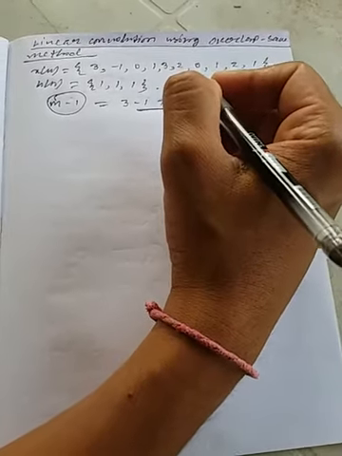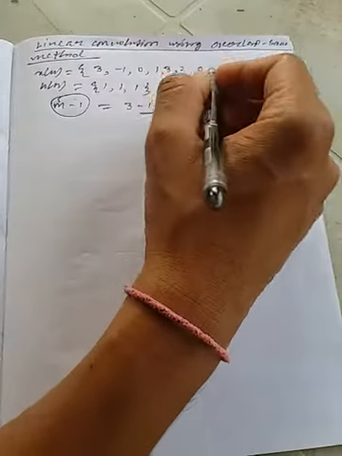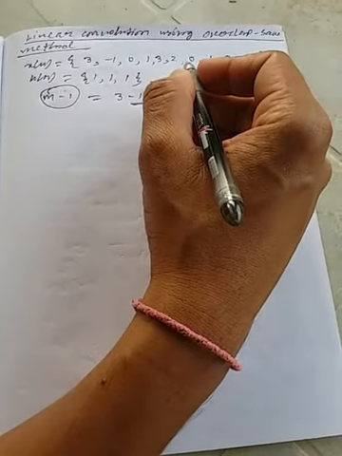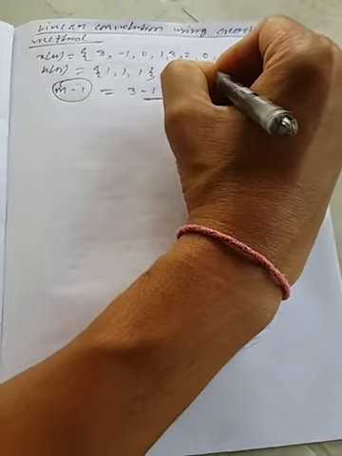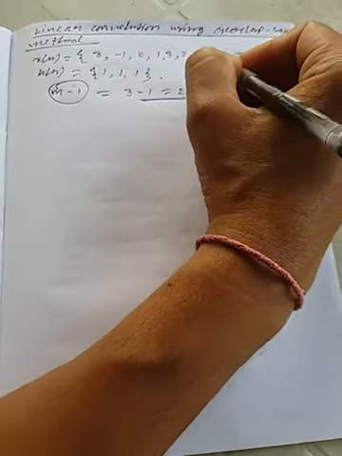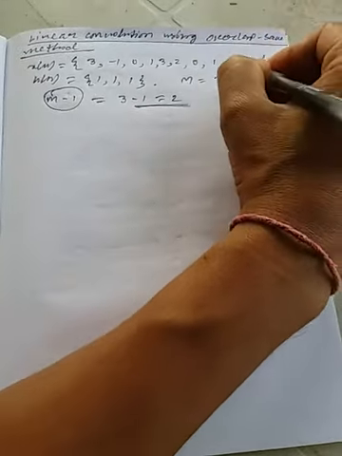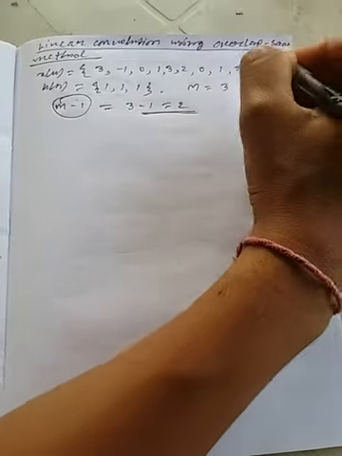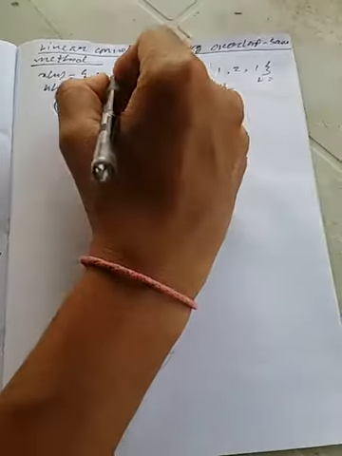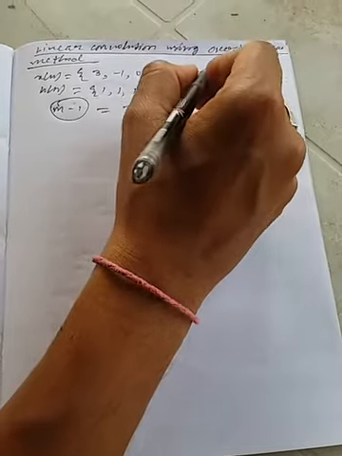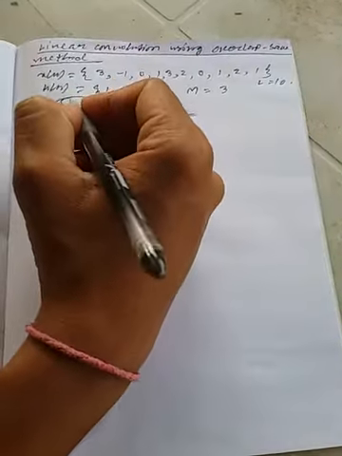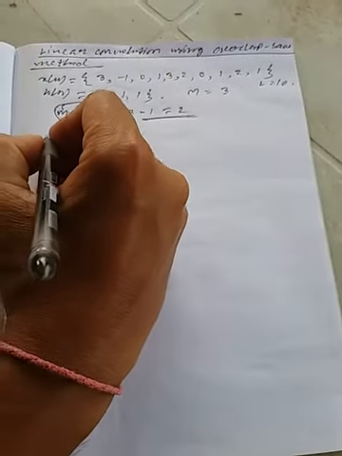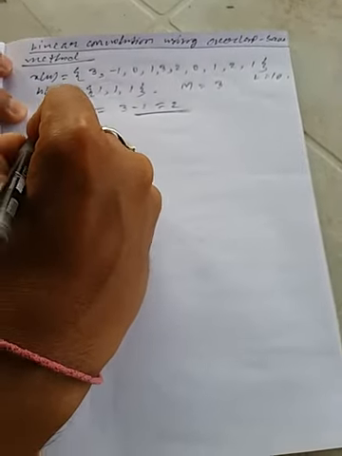To divide the input sequence into a number of blocks, we have to append 2 zeros. What is M? M is the length of the sequence h[n], that is 3, and L is the length of the input sequence, that is 1 2 3 4 5 6 7 8 9 10. So L is 10 here. Now this input sequence is divided into a number of blocks.